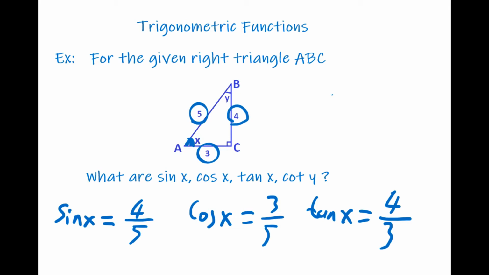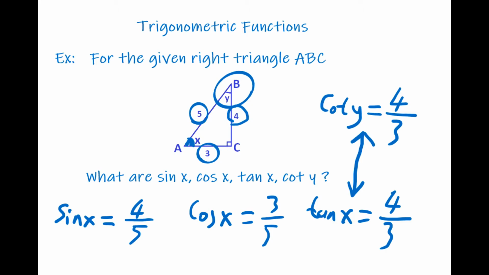Finally, cotangent y: this time we look at the situation from angle y's perspective. According to this angle, adjacent is 4 and opposite is 3, so we have 4 divided by 3. As you can see in this question, cotangent y and tangent x are equal to each other. Let's take a look at our next example.